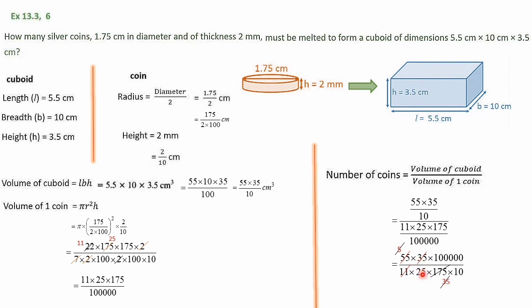Then here 25 and 1 lakh. 25 and 100 will go 4 times. And after 100 there are 3 zeros, 1, 2, 3. So those 3 zeros put 4,000. 25 and 1 lakh, when we divide, we will get 4,000. And this 4,000 and this 10, 1 zero we can cancel. We will get 400. So the number of coins is 400. This is the answer.